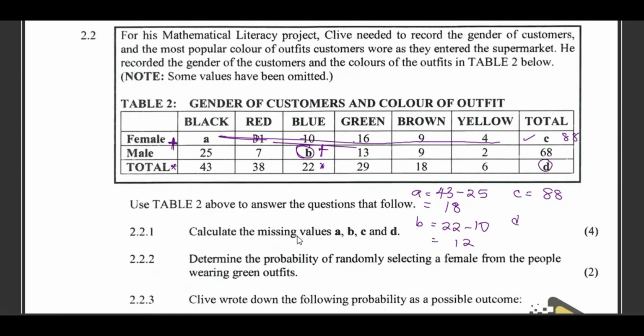So D will equal the value of C plus 68. 68 is coming from here, because here we are looking at the total. So D will equal 88 plus 68. And the answer became 156.